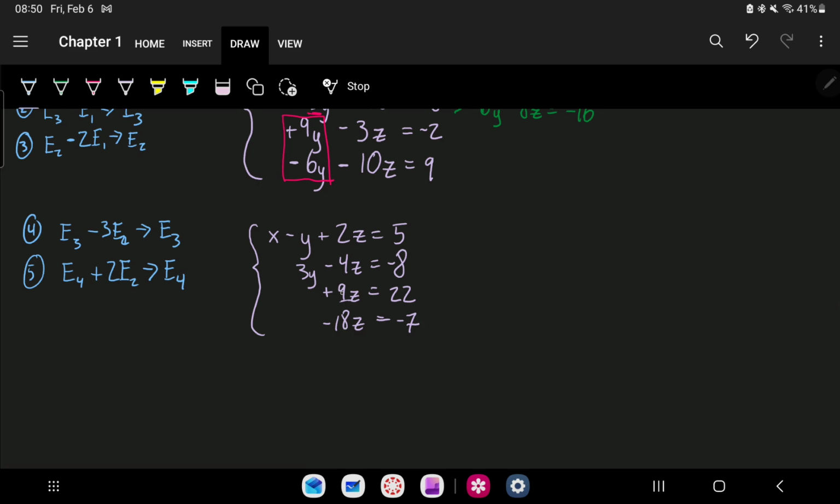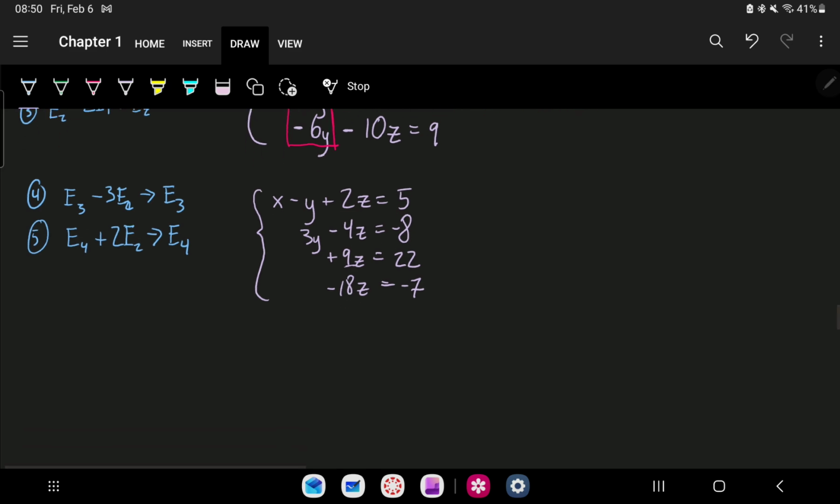Once again, I see that 9 is a multiple of 18. So I am just going to say equation 4 plus 2 times equation 3 is going to give me the new equation 4.